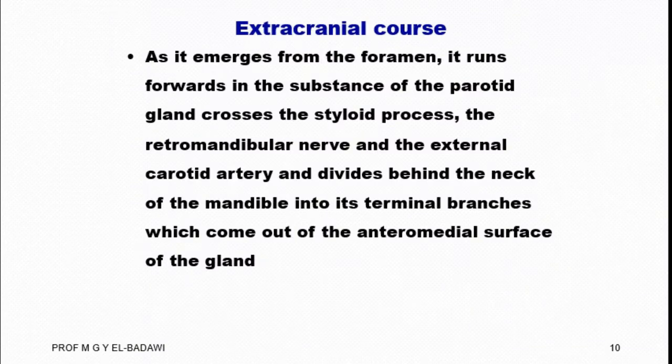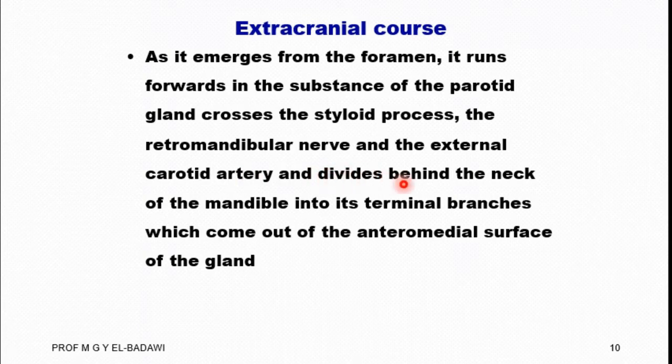The extracranial course of the facial nerve: when it comes out from the stylomastoid foramen, it will run forwards around the cartilaginous part of the external acoustic meatus to enter the substance of the parotid gland, where it crosses the styloid process, the retromandibular vein and the external carotid artery.